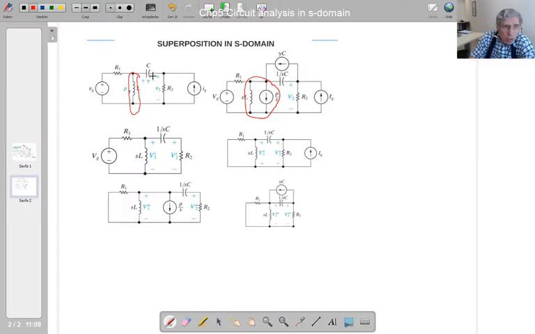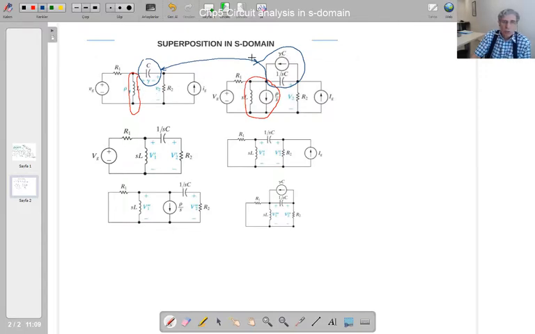And similarly, this capacitor's S-domain relation is this. So that capacitor has been replaced with these two elements in the S-domain. You might not remember those, but if you go to the beginning of the S-domain analysis, you're going to see these equivalent circuits.